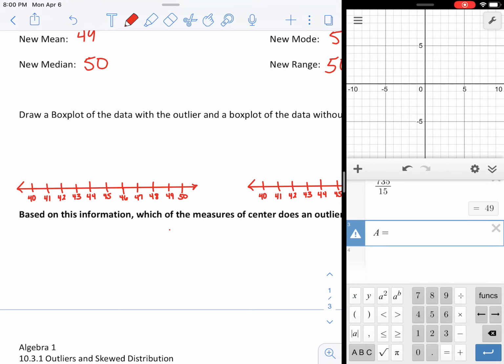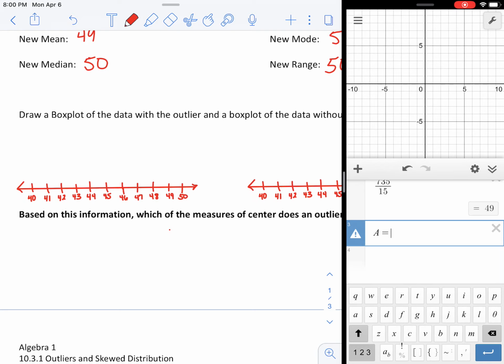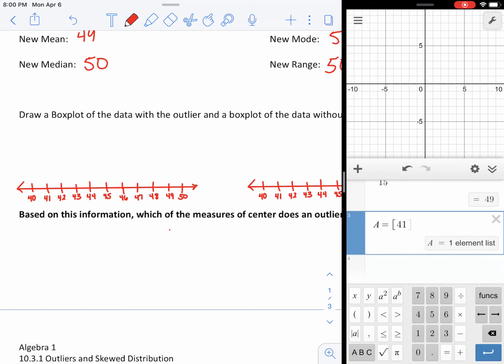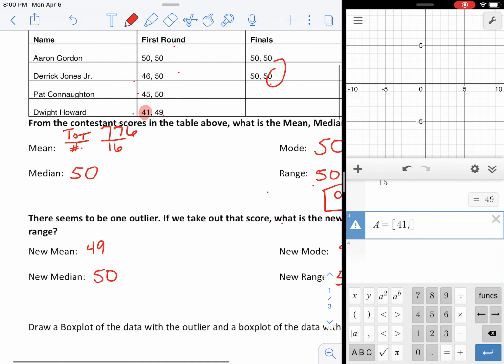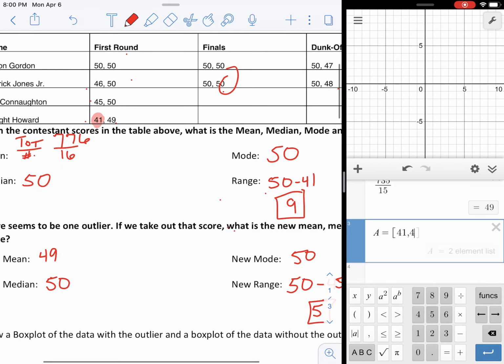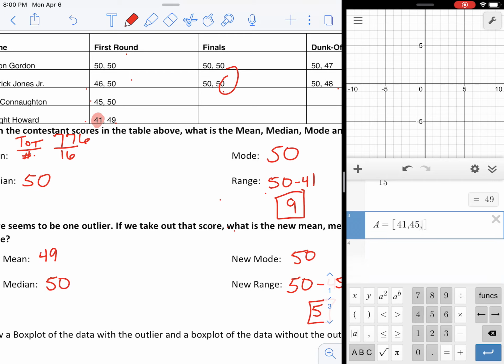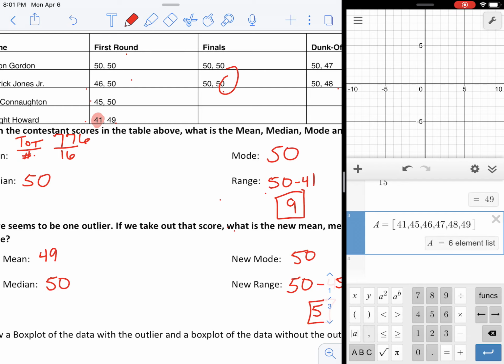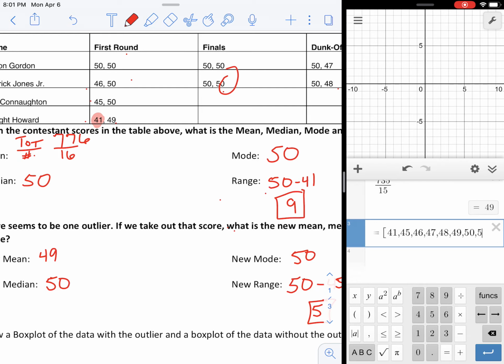I want the brackets, not the absolute value. 41, 45, 46, 47, 48, 49, and then the rest were all 50s.